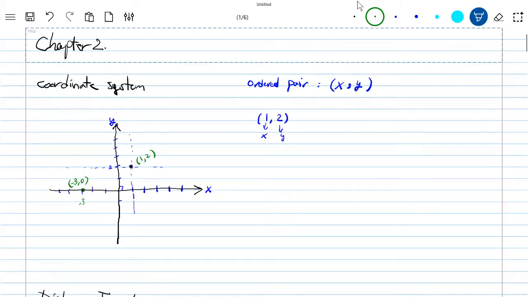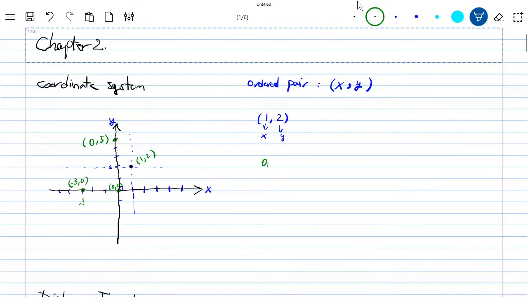If you're on the y-axis, maybe this point, what is the coordinate of that point? 1, 2, 3, 4, 5 up. So y must be 5. What is the x coordinate? You haven't moved along the x. X is still at 0. And the origin is simply the point when both x and y are 0, 0 and 0.